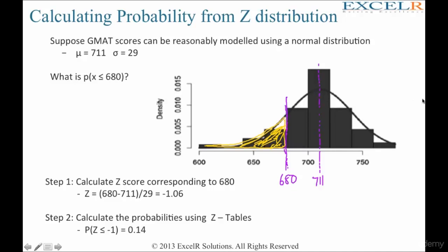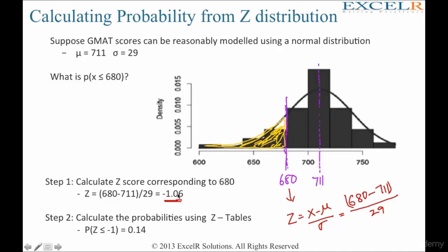So let me write the formula for standardizing: X minus mu upon sigma. X is 680 here. So it is 680 minus mean, 711, divided by standard deviation, which is 29. If you do this calculation, you'll get minus 1.06.